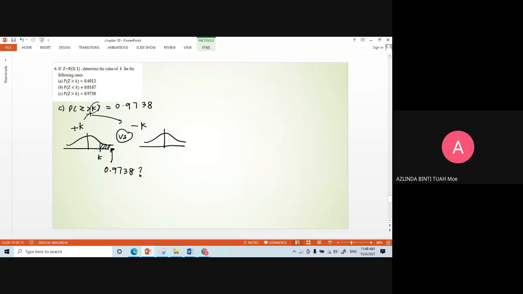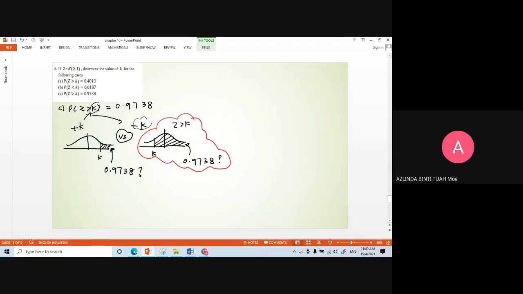Versus the second possibility, sekiranya K itu negatif, K itu memang negatif, area Z greater than K, sebelah kanan, adakah logik area yang berlori ini bernilai 0.9738? This is how we think about the sign of K. Yang mana satu logik? First or second? Second.